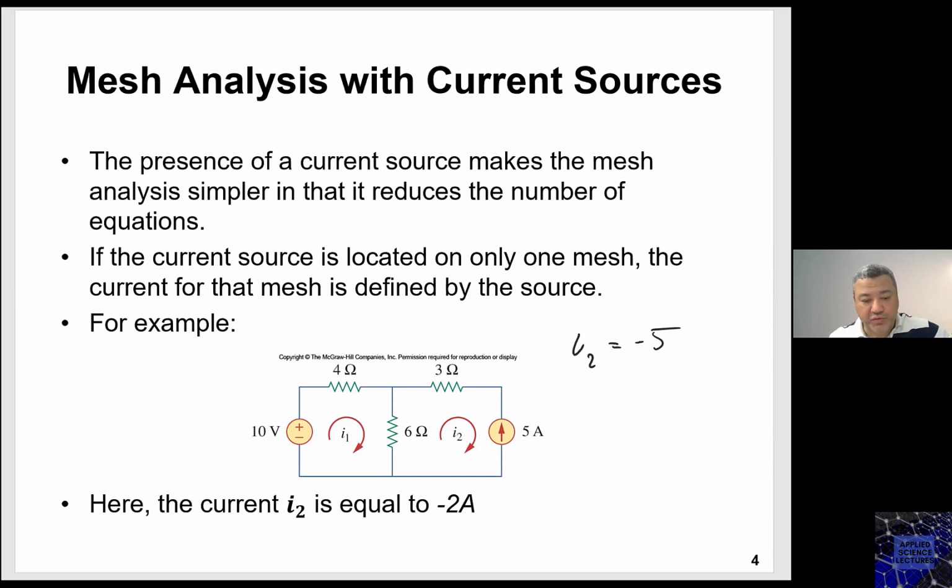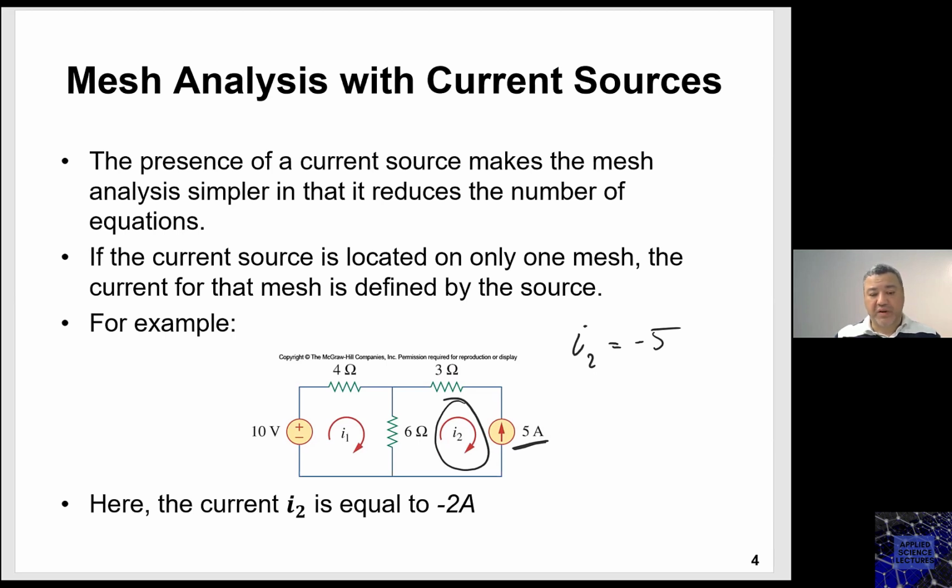In other words, whenever I have a current source in the mesh, and this current source is not shared by other meshes, I can right away say that this variable that I have assigned to this mesh is now constant, is known.